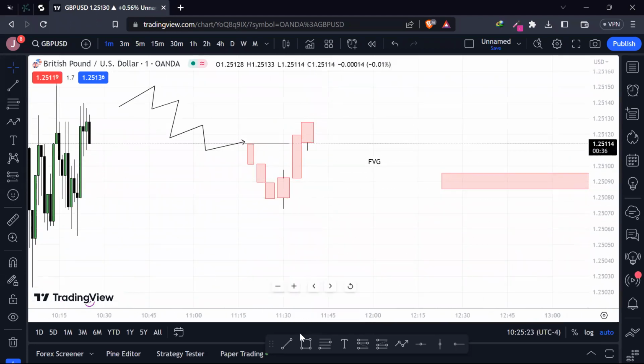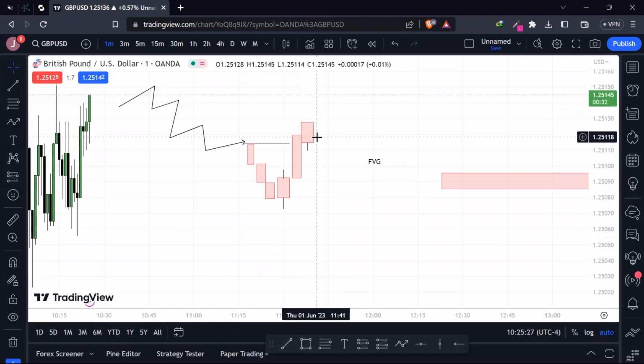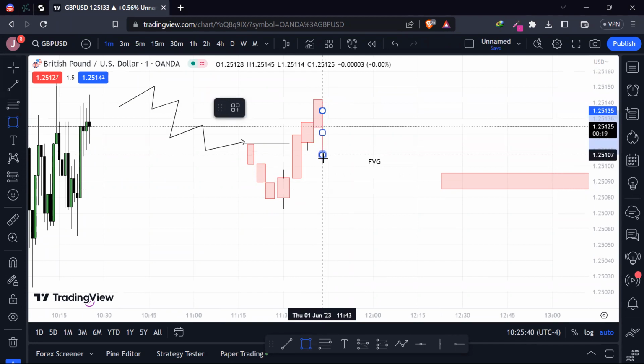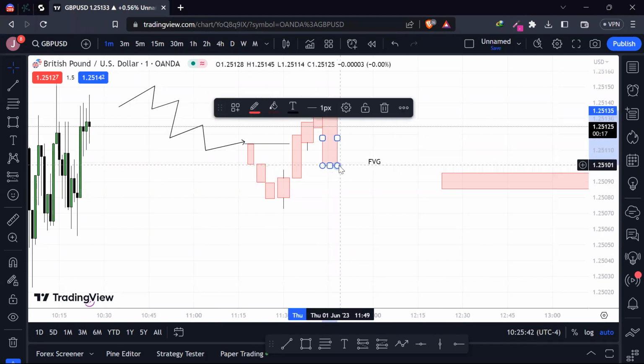So the market didn't give opportunity for the sellers. What happens then, after the 2 or 3 candles to the upside, is a bearish candle comes in to the fair value gap.